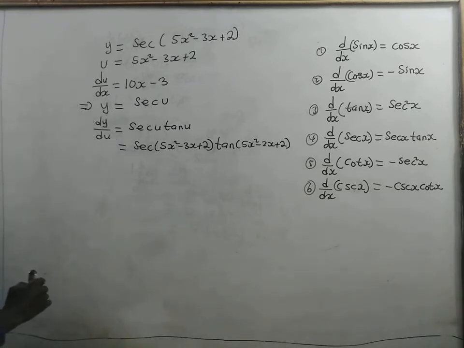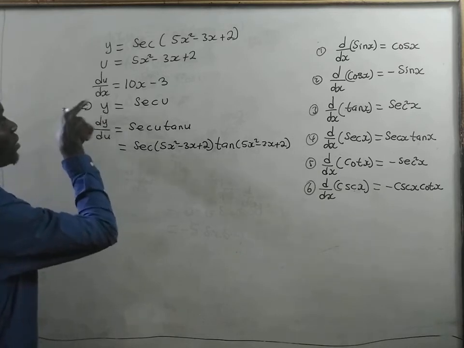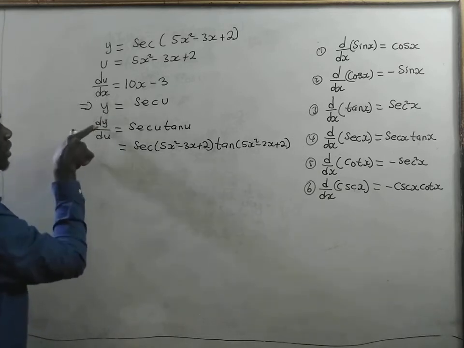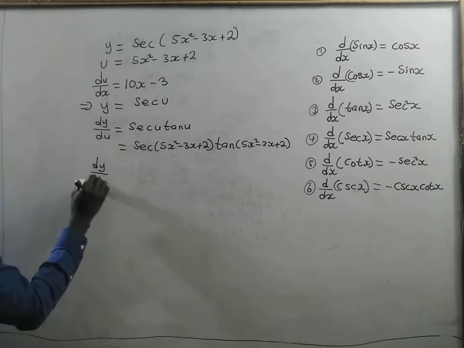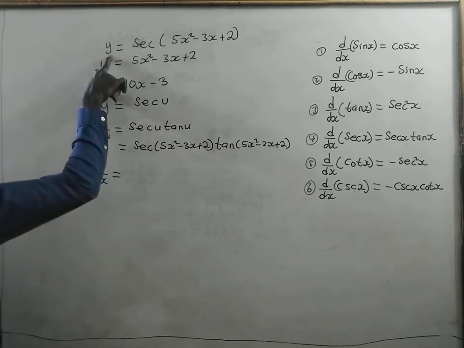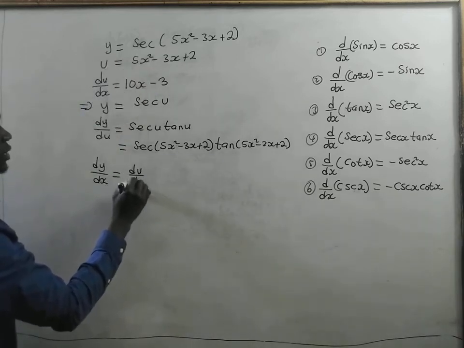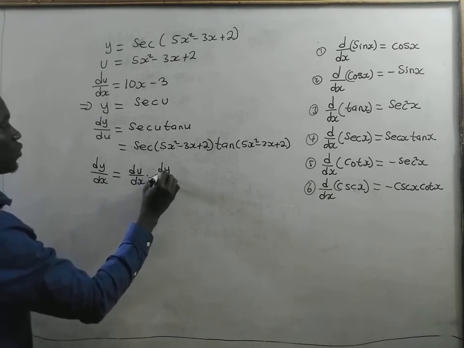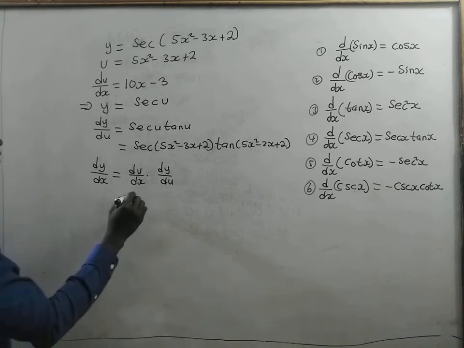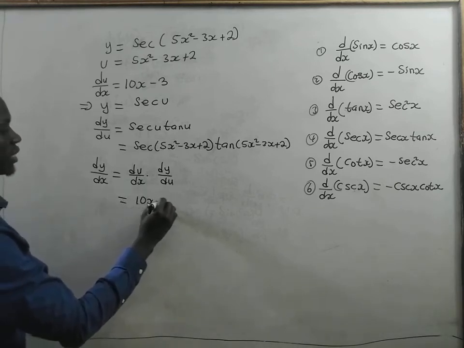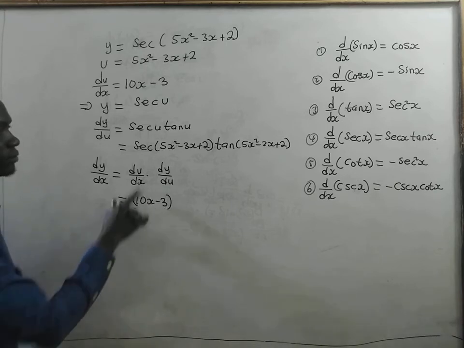Very, very simple as that. So now we can take du dx times dy du. So here our dy on dx, the derivative of y with respect to x, is equal to the derivative of u with respect to x times the derivative of y with respect to u. And this will give us 10x minus 3. Please remember to put it in brackets because we have two terms.